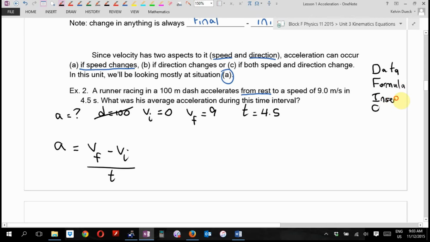And now it's insert and calculate. So, what's V final, minus V initial, all over 4.5. Now, I heard someone already say 2. I did this one so that you can do it in your head on purpose, just so you can double check how you would type this on your calculator so that when you're doing ones that you can't do in your head. So get your calculator out.